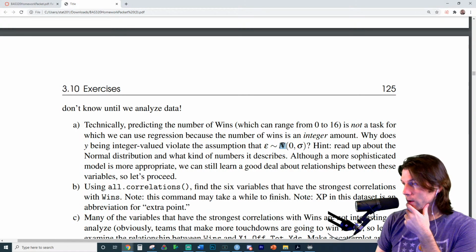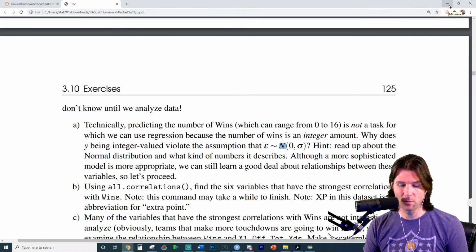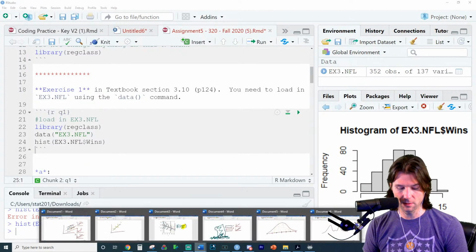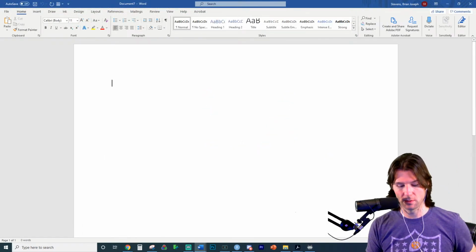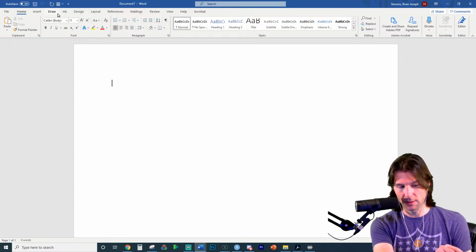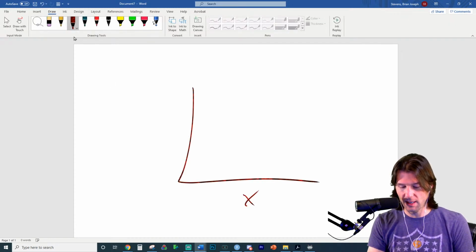The issue is right here with the normality assumption. And you might say, well, this looks like a normal curve. But let's think about how this model ends up looking. Let's go over here and look at the model. So when we have the wins, whatever variable we predict would be down here as the x.